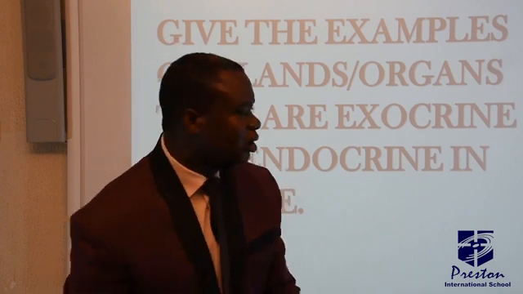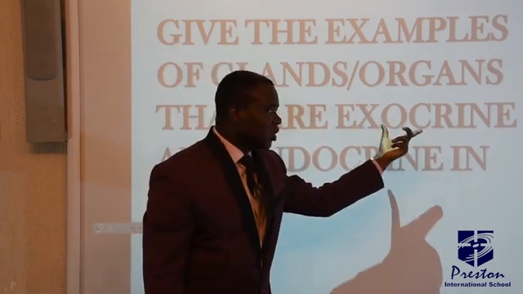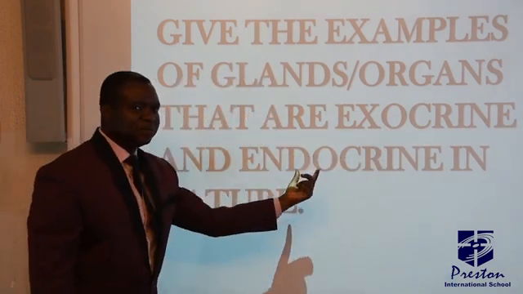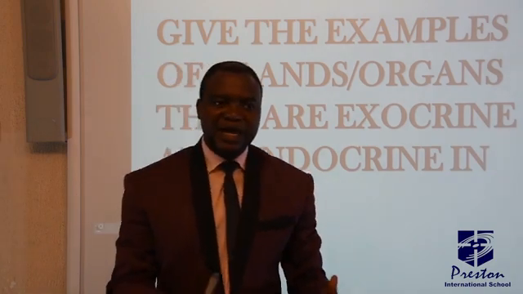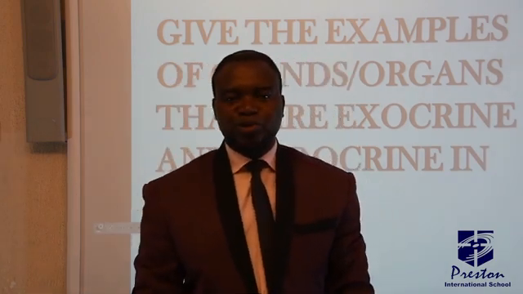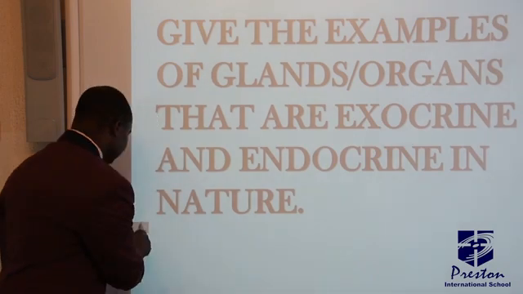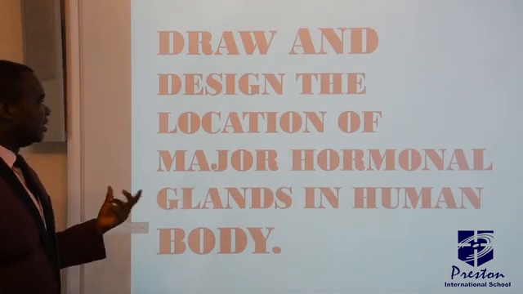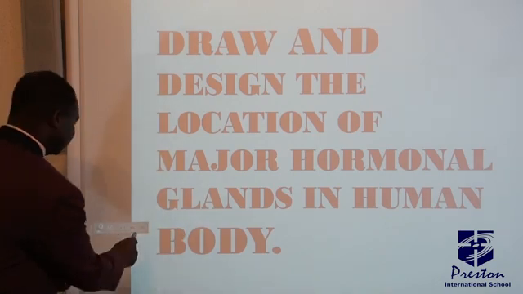So in another word, we call them exocrine or duct glands. Then we have endocrine. As the name implies, endo is coming from lack of duct. So endocrine glands are glands that produce their secretion into the bloodstream directly. So we refer to them as ductless glands.